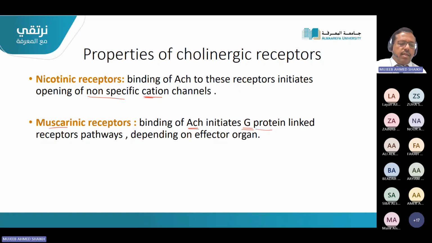So they are saying that nicotinic receptor and muscarinic receptor get activated by two different mechanisms. One is by opening of cation channels, another is by activation of G protein linked receptor pathway. You will learn it when you see the book, what are G proteins and how they are activated.